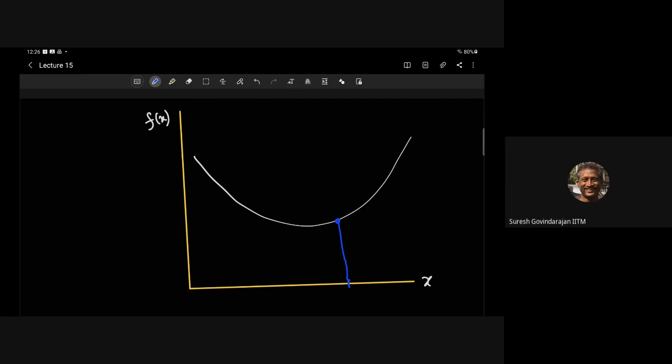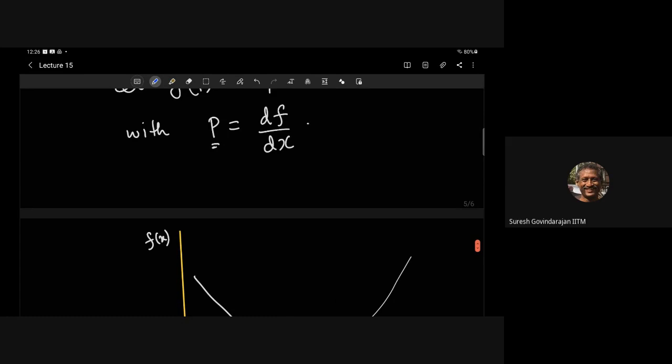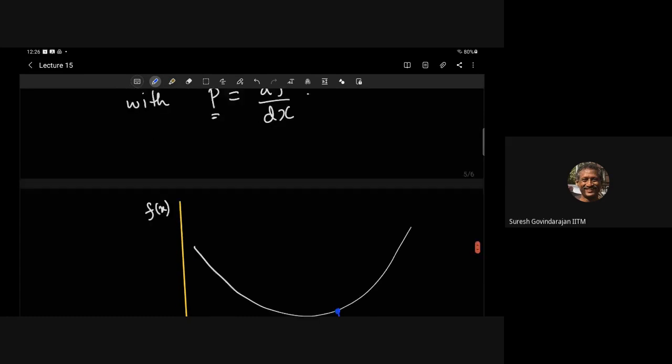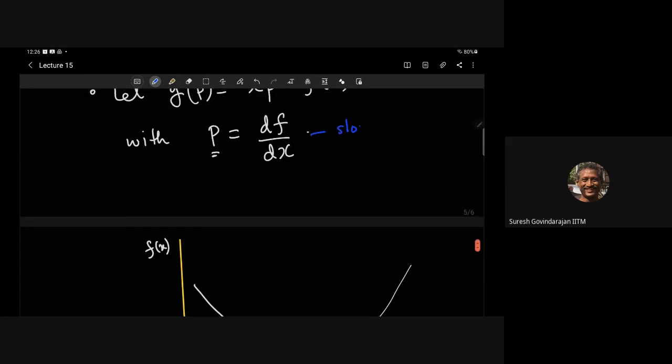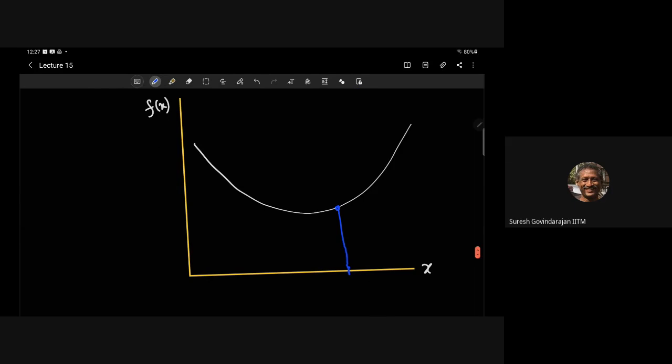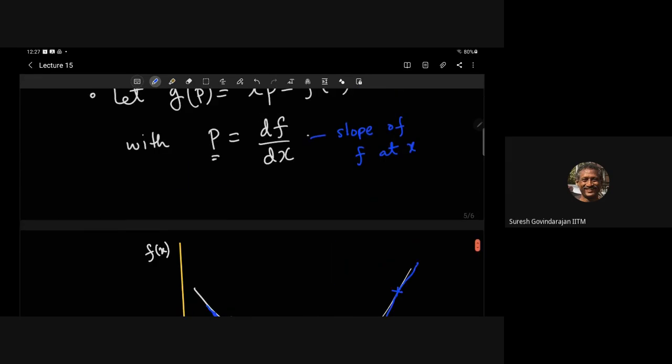So let's look at what this says. p is the slope of f at x. Pick some other point, this would be the slope. Pick another point here, this would be the slope. So if you are giving me p, what you are giving me is a bunch of slopes at every point.